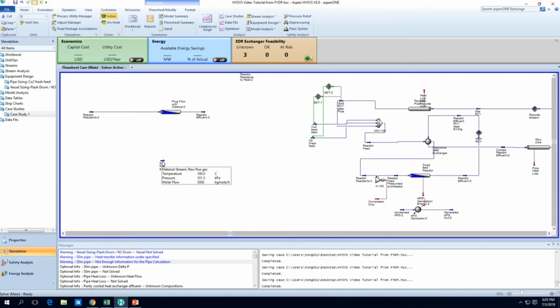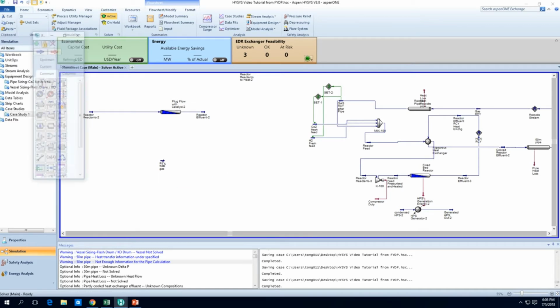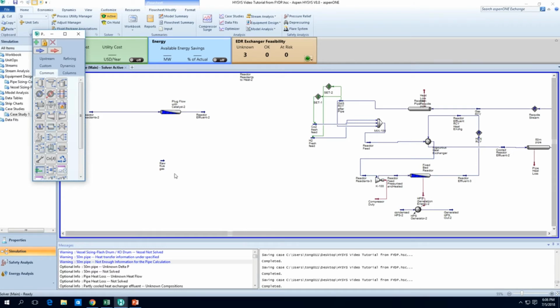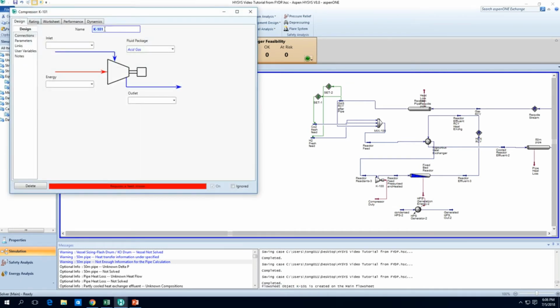But first things first, we will need to compress this gas, let's say to about 3 bar, and we'll want to cool it down to get rid of the water. So let's do just that. Let's have a compressor. So I have a flue gas compressor.